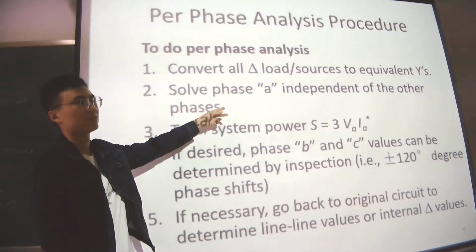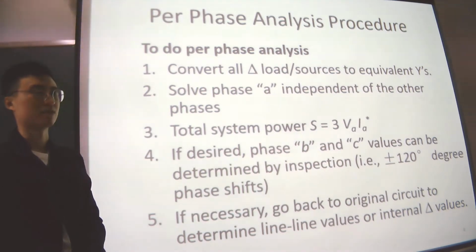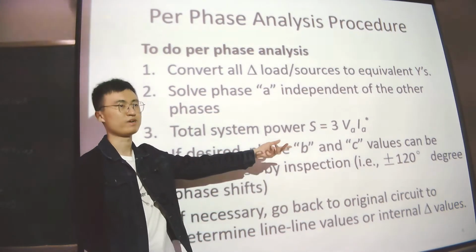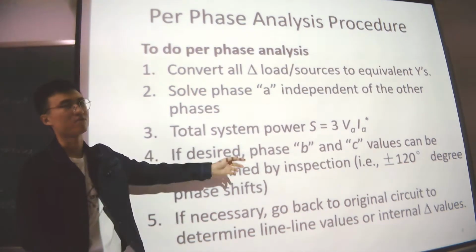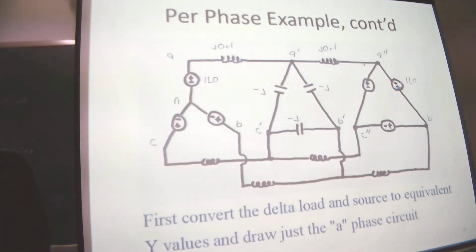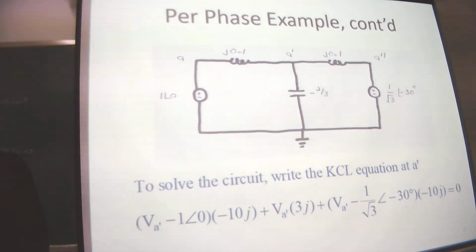Because B and C are identical except for some phase degrees, we can just use phase A. So we write down the phase A circuit.